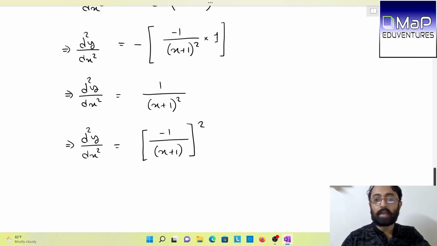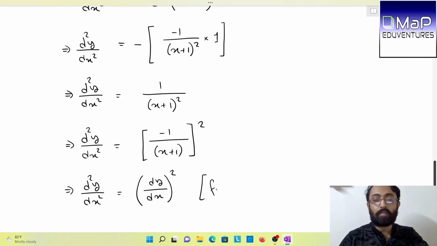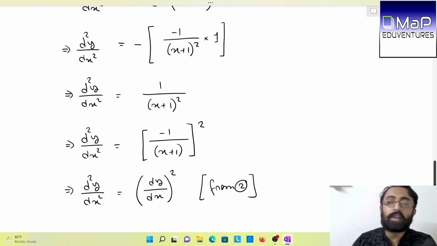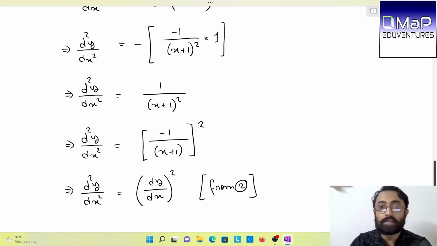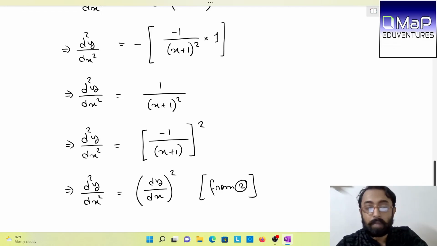No problem, the minus will go away. So d2y by dx2 equals dy by dx from equation 2 whole square, and thus our final result. So if we know a small trick, like we did at the start, y equals to f(x), then our work flows easily and smoothly. So this was our last question of 2022.